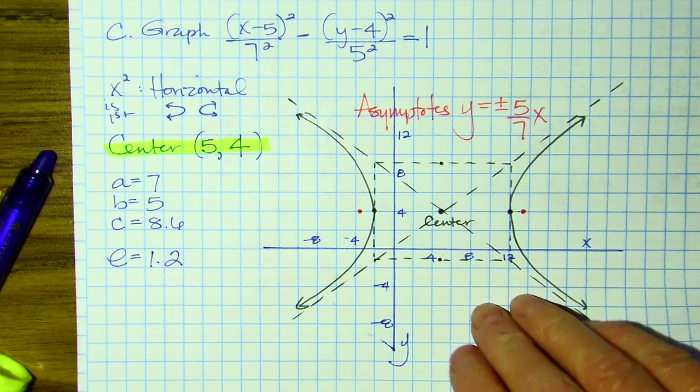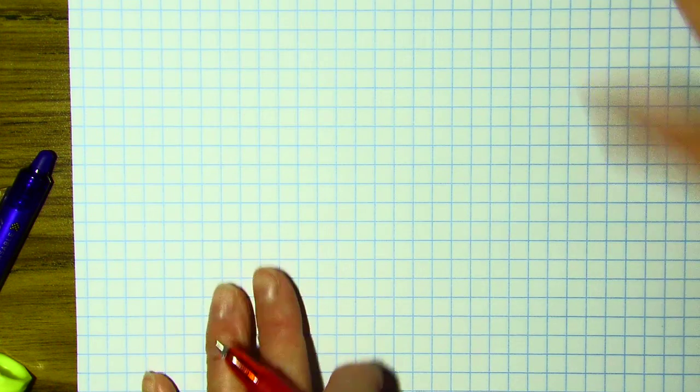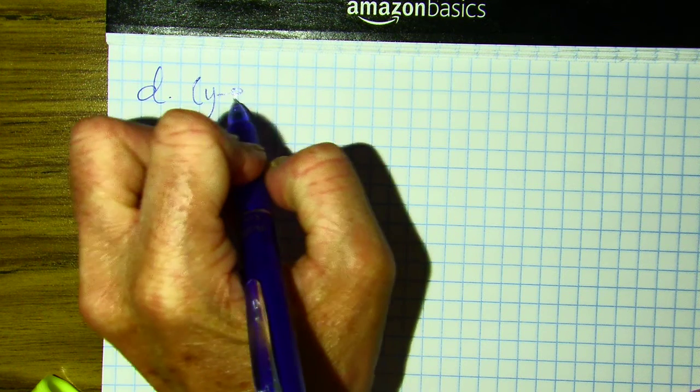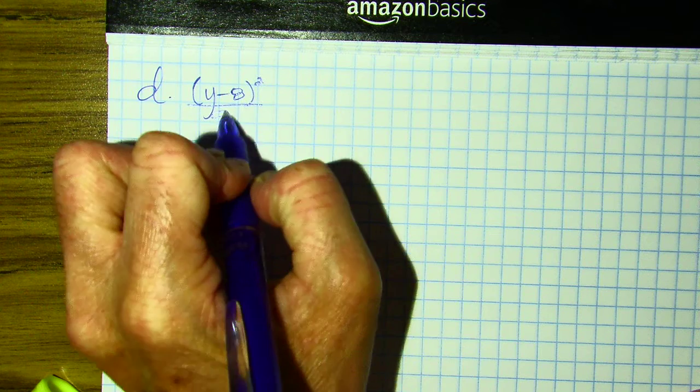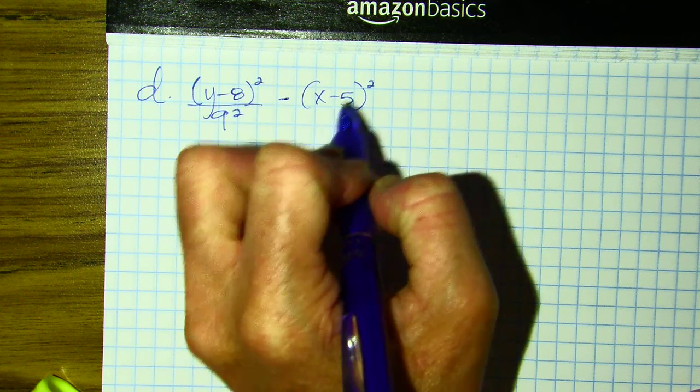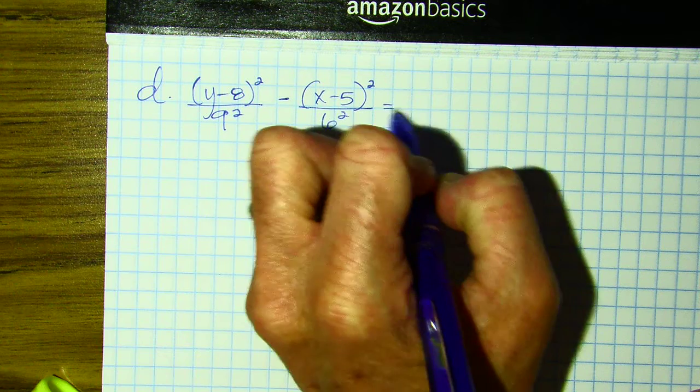All right, let's move on to the last two, part D and E. So part D, they would like us to graph y minus 8 squared over 9 squared minus x minus 5 squared over 6 squared equals 1.